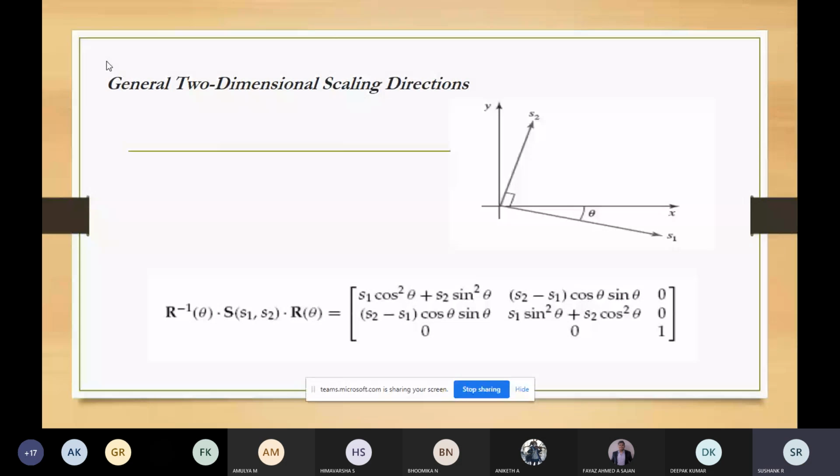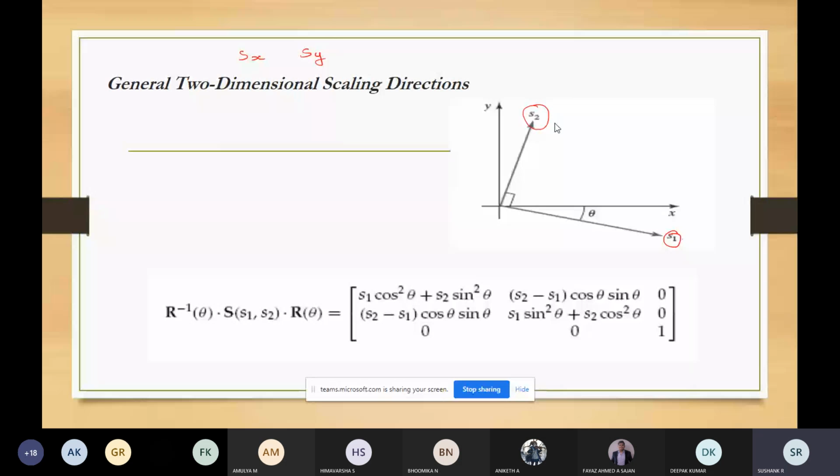For example, if I have parameters sx, meaning scaling along the x direction, and sy, meaning scaling along the y direction, the parameters sx and sy can be used to scale the objects along the x direction and along the y direction. But you may want to scale the object in another direction. In our example, I want to scale this object in the s1 direction and s2 direction. So how do we do that?